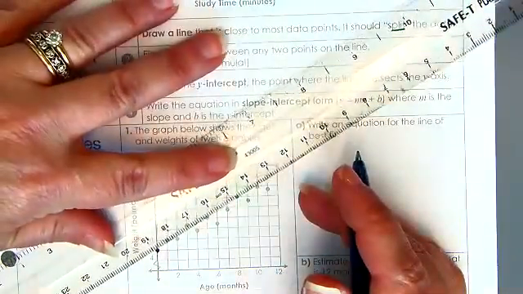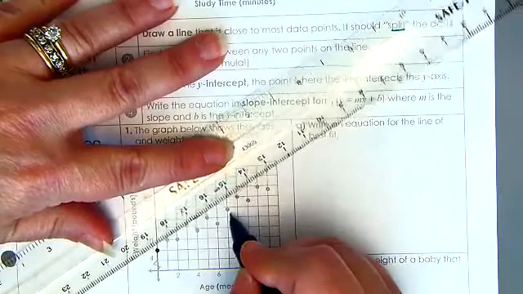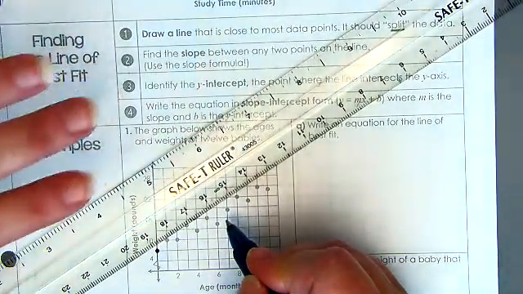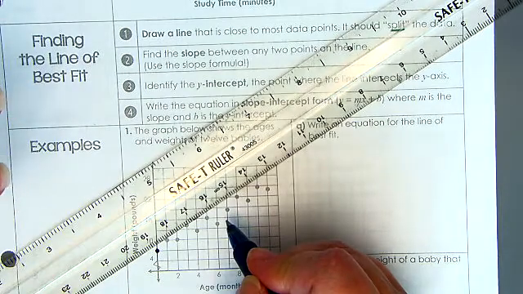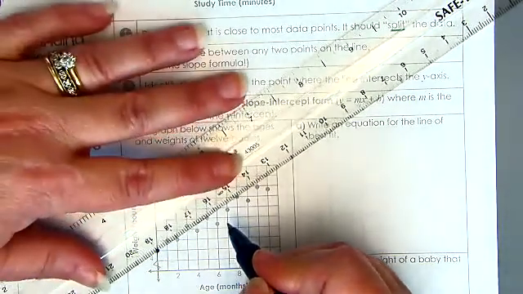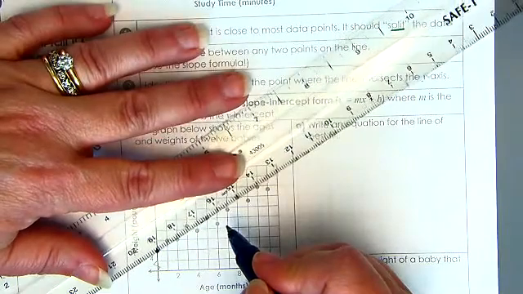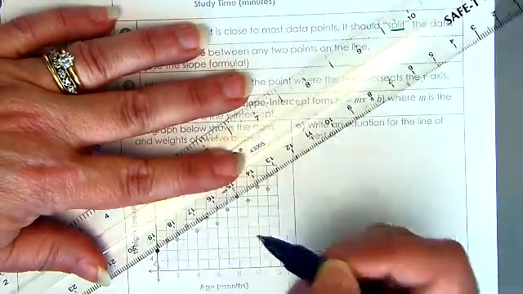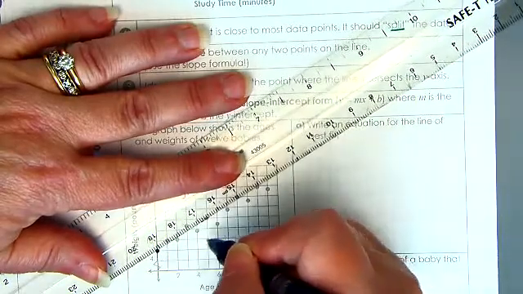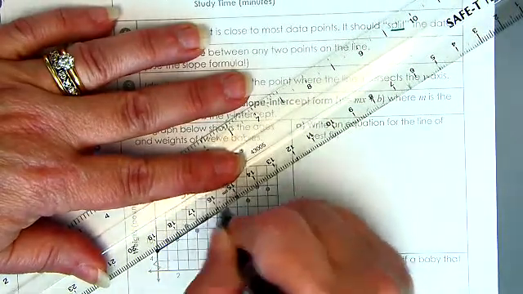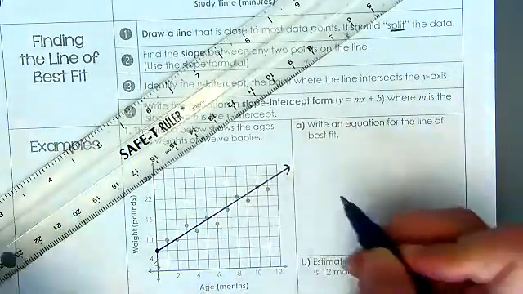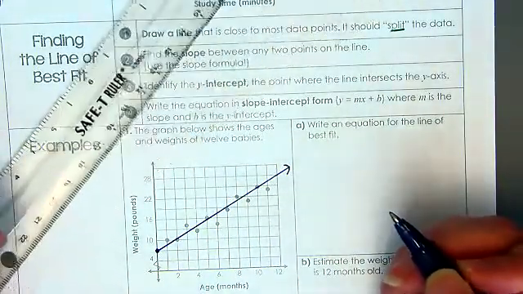So I'm going to use another point on here to kind of look at this. Kind of keep it because I want about half above, half below. Okay, so I'm going to use this point, and now I'm going to write an equation for the line of best fit.